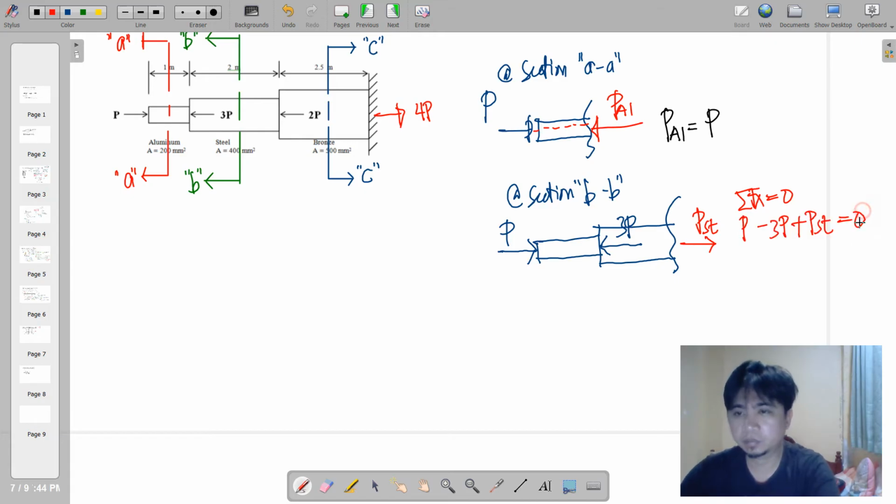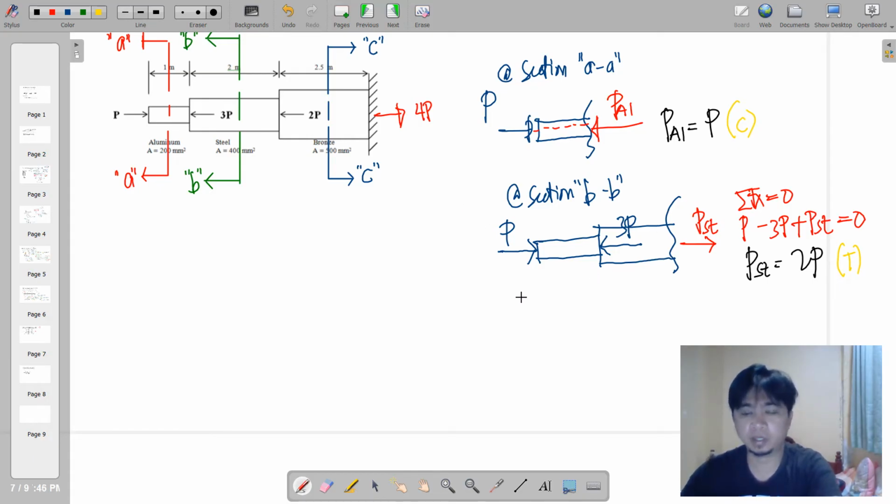We have P minus 3P plus PST is equal to 0. Hence, PST will be equal to twice of P. So the type of stress here is actually tensile because PST will be away from the joint. Perhaps we can reflect it as a tensile. And the other a while ago is in terms of compression.